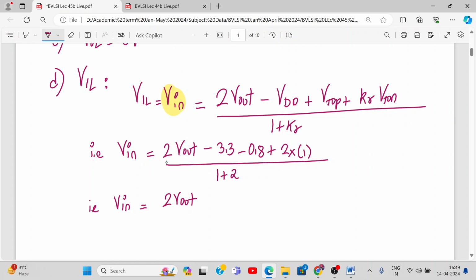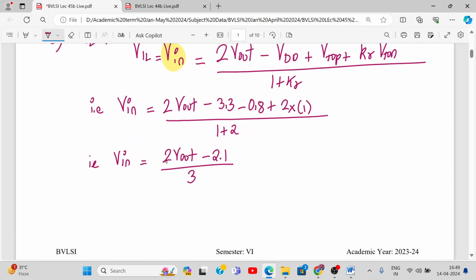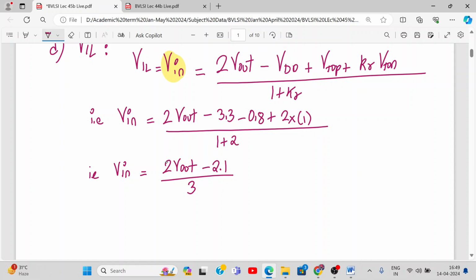How much is it? 2.1, divided by 3. Let us rearrange this so that we calculate V out in terms of V in.